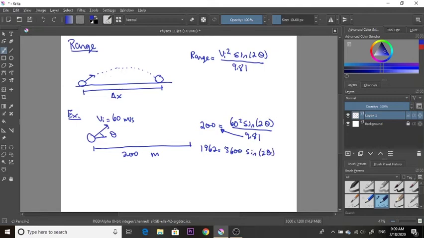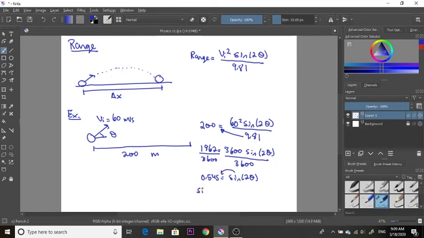To get rid of this number here, we're going to divide both sides by 3,600. 1,962 divided by 3,600 is going to give me an answer of 0.545. Now, when we're trying to isolate for sine, we need to bring this over.